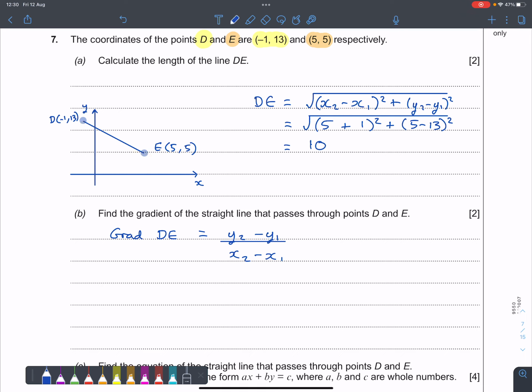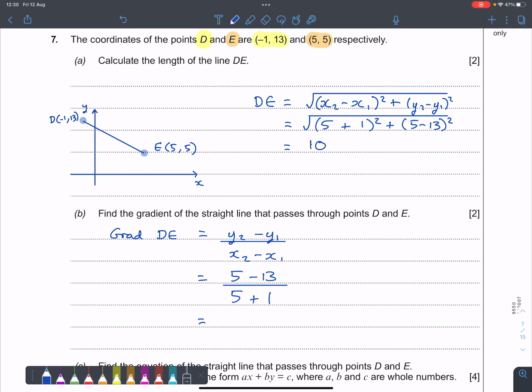So this is just the algebraic way of writing it. My y2 minus y1, if we stick with the same x2, y2 and x1, y1 from before, I'll have 5 minus 13 over 5 take away -1, so 5 plus 1.